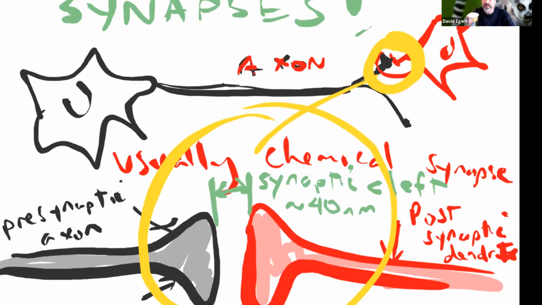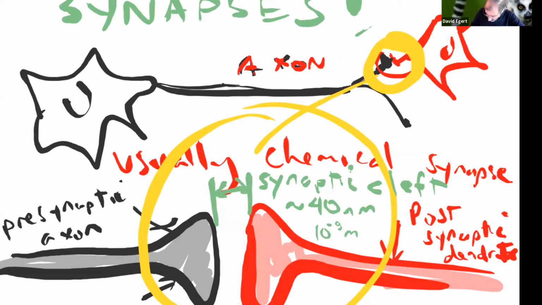Exactly, it's 10 to the minus 9th meters. One billionth of a meter. So it's a very small distance, but they're still not touching, which is important. And instead, there's going to be a chemical message that diffuses across that little gap.